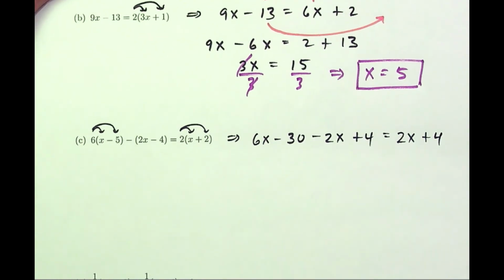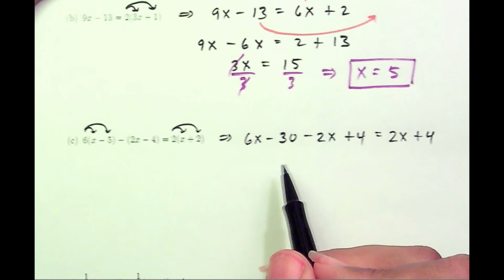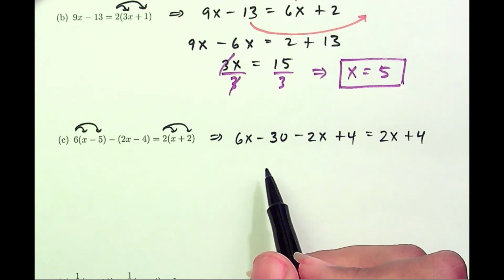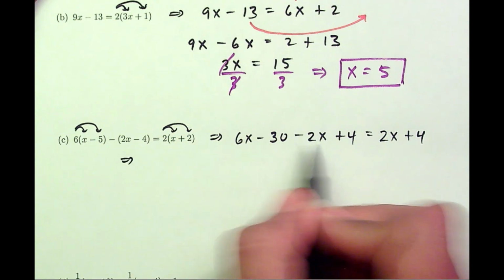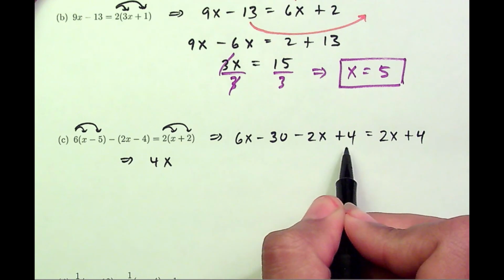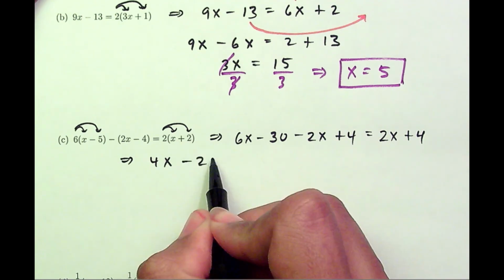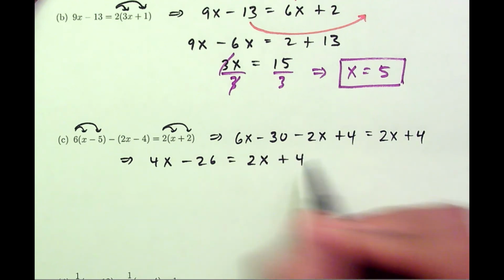Okay, now let's simplify the left-hand side a little bit before we move things around. Combining these x's, 6x minus 2x, that's 4x, and then negative 30 and positive 4, that's negative 26, equals 2x plus 4.